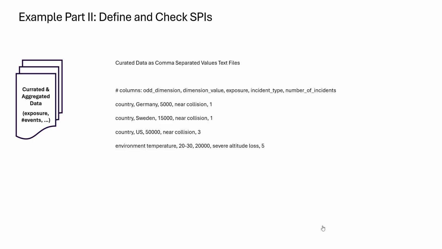When the temperature was between 20 and 30 degrees Celsius, the number of severe altitude loss events is 5. On the next line, we have the information that in the 200 hours of exposure in medium precipitation, we had 1 severe altitude loss event.